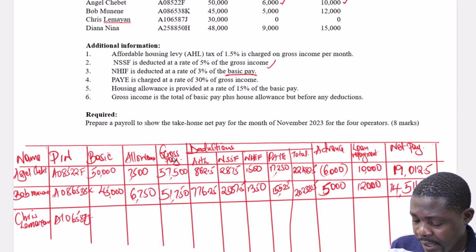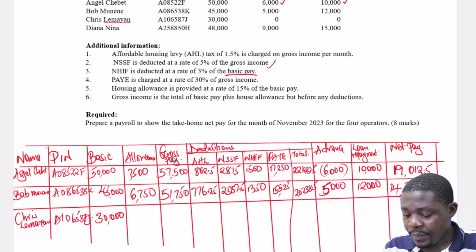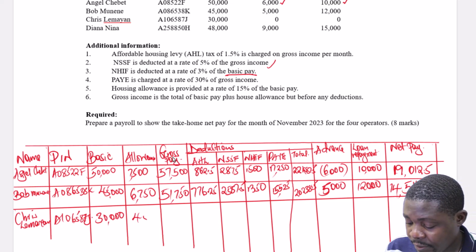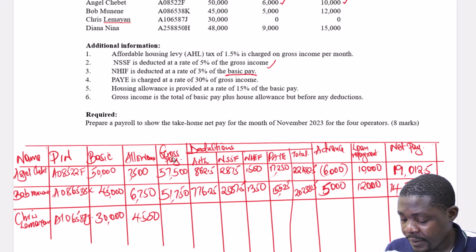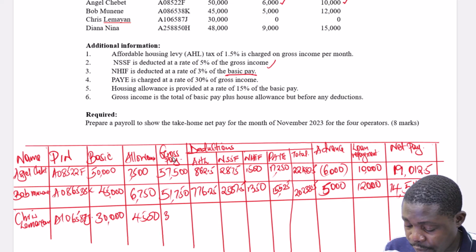Okay, here the basic was 30,000. House allowance, you still calculate 15% of that. He was given 4,500 house allowance. And then we can find the gross, which comes to 34,500.